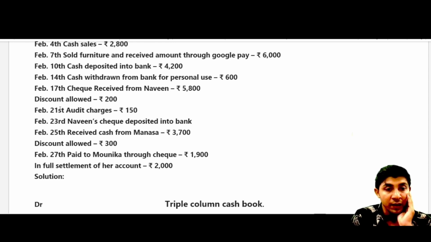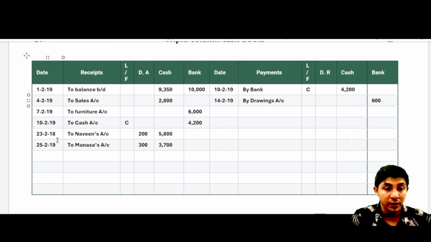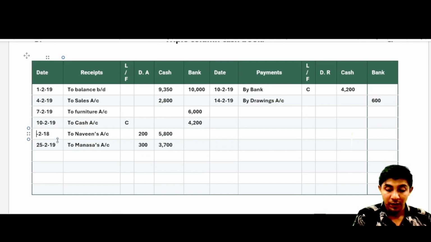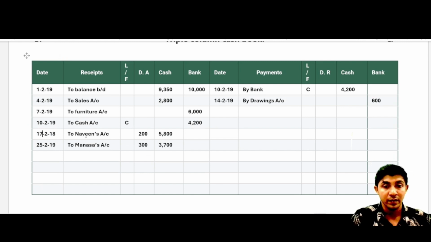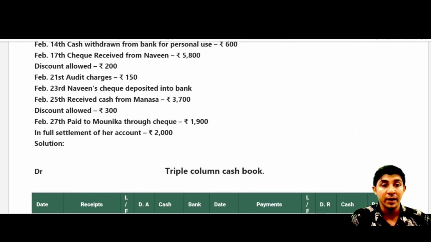On 17th Naveen's date was right, and we skipped one transaction, that is of 21st. So again we need to edit this. 17 is right and we have skipped one transaction, that is on 21st, audit charges.